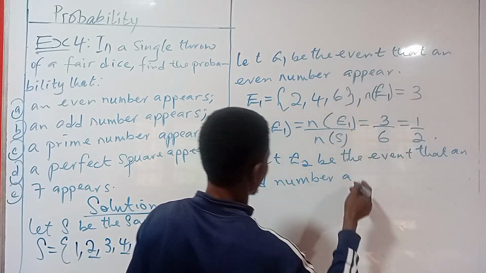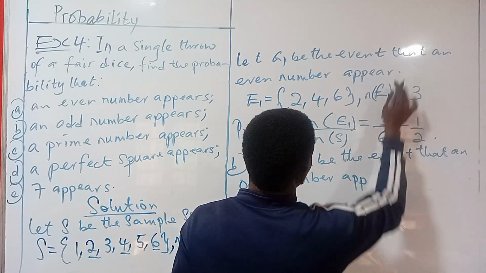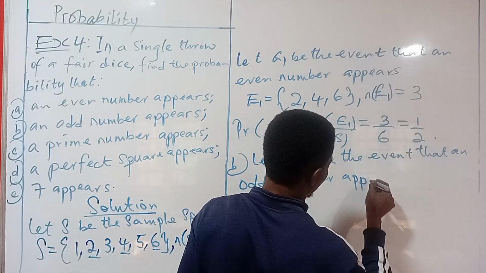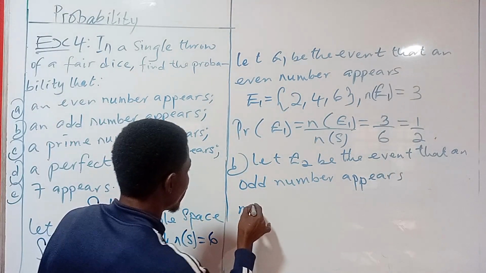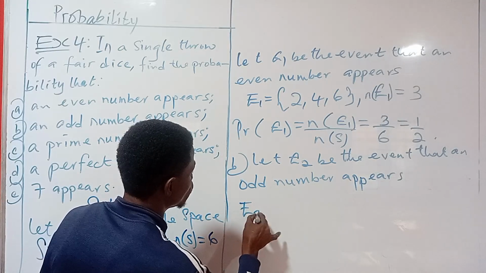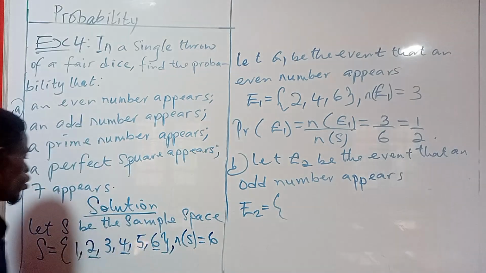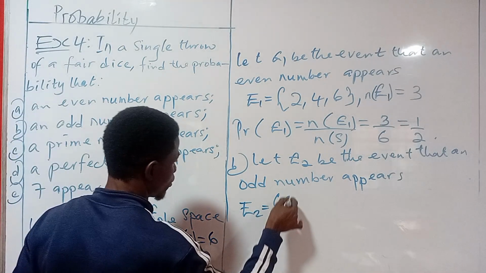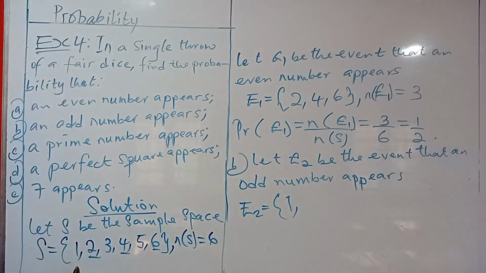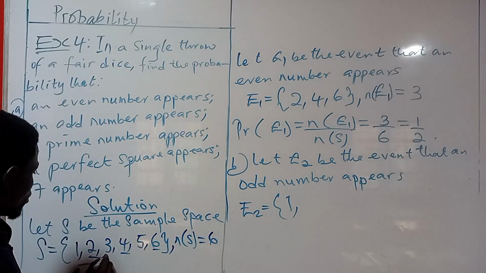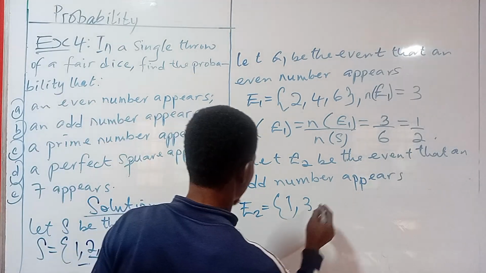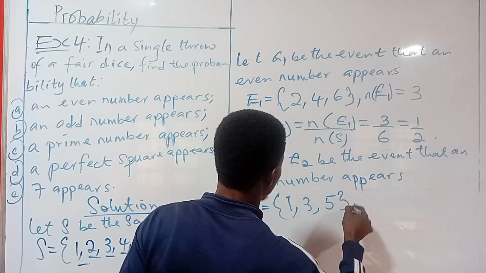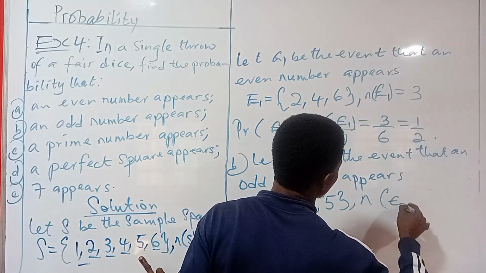So in that case we have odd numbers in E2. What are the odd numbers here? 1 is an odd number, that cannot be divided by 2. Okay? 3 is an odd number. 5 is an odd number. So in that case we have n of E2 to be 3.